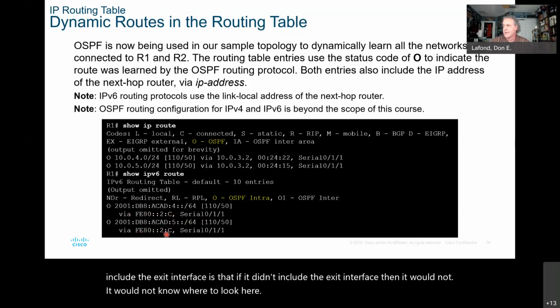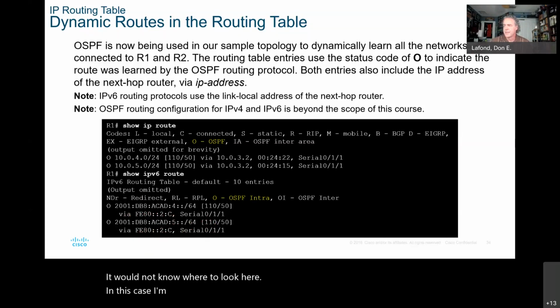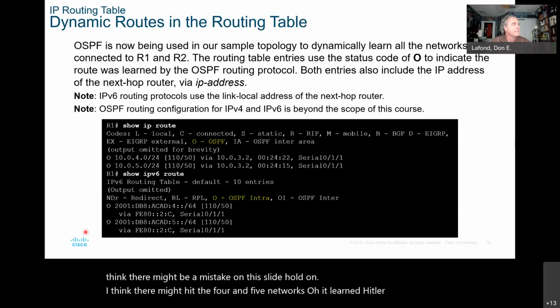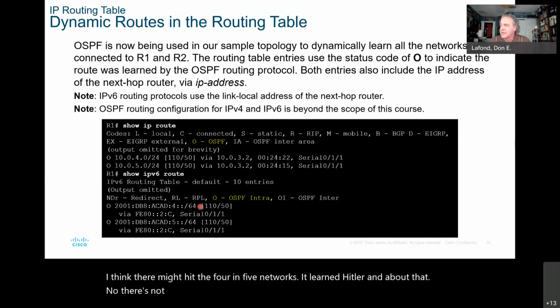In this case, I'm going to pause the video and think about this a moment, because I think there might be a mistake on this slide. Hold on. No, there's not a problem with this, because it learned about both of these networks from R2.